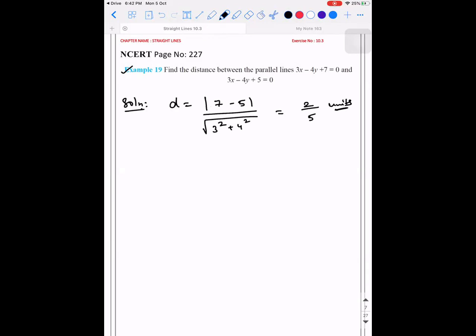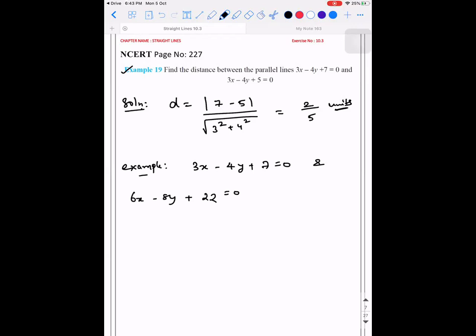Now I'll give you another example. Observe. 3x minus 4y plus 7 is equal to 0 and 6x minus 8y plus 17 is equal to 0, or let's take it as 22 equal to 0. Are these two lines parallel to each other? These are the two lines given.